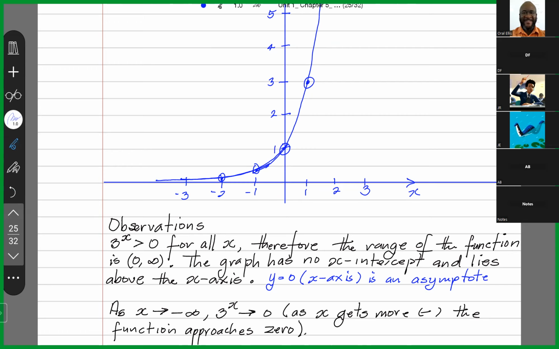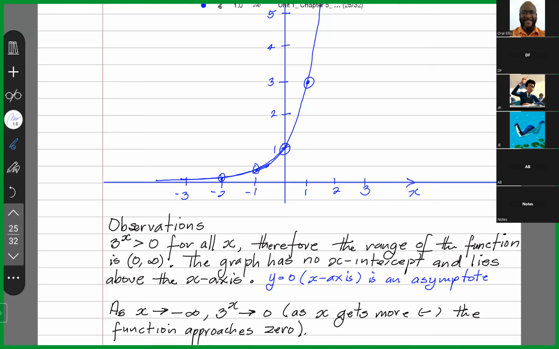So the graph y is equal to 3 to the x will approach the x-axis, but it will never touch it. Because of that, there is no x-intercept. The graph will always be above the x-axis.